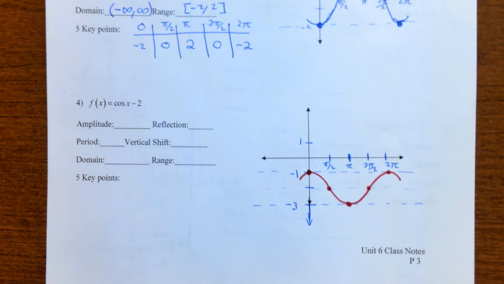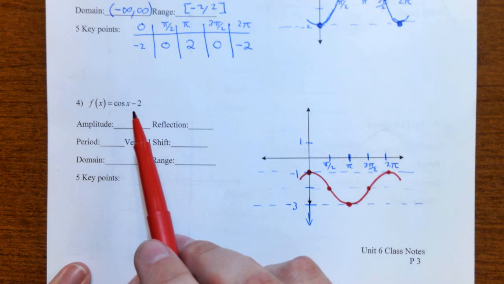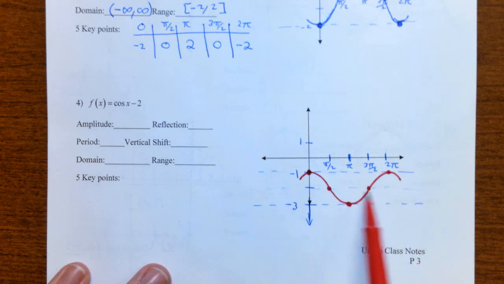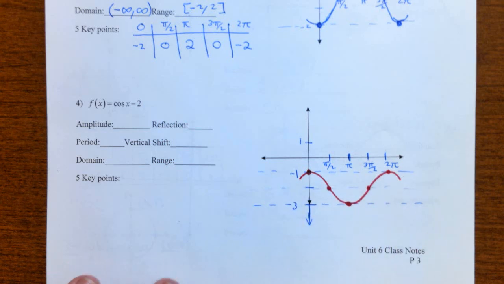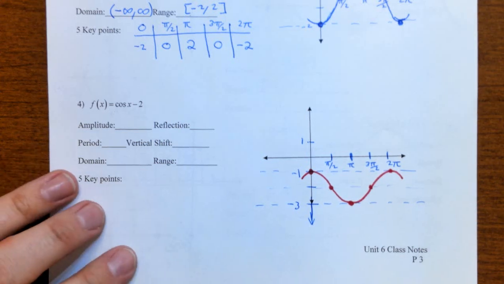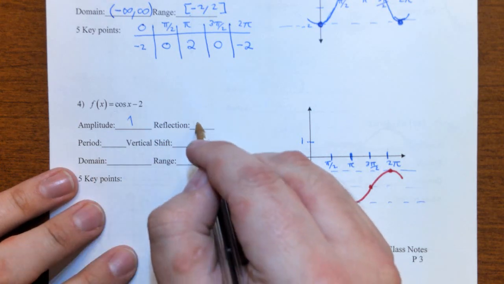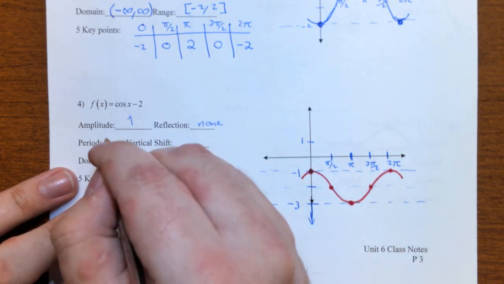Okay. I said it went back down to 0. The cosine does go back down to 0. If I'm subtracting by 2, though, this will be -2 is this base line, this midline that I am oscillating about. So if I wanted to analyze this function right here, my amplitude is unchanged. It's 1. There's no reflection.